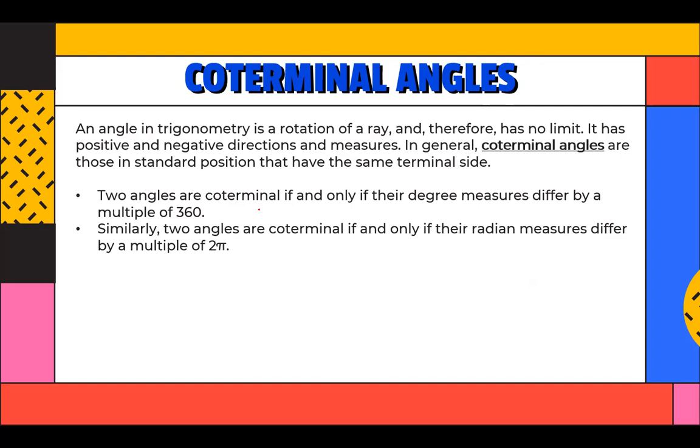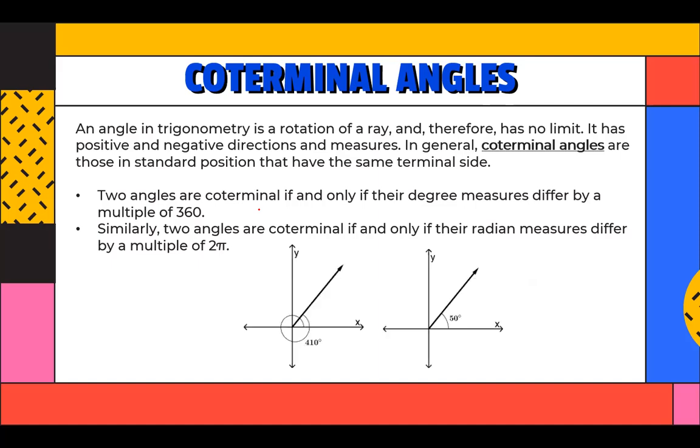In other words, the difference between two angles must be a multiple of 360 or 2 pi. Regardless of how many times you add 360 or 2 pi to your angle, you will have your coterminal angles.